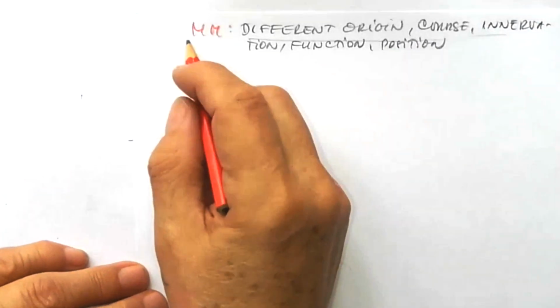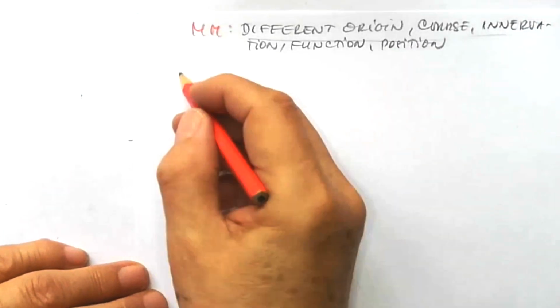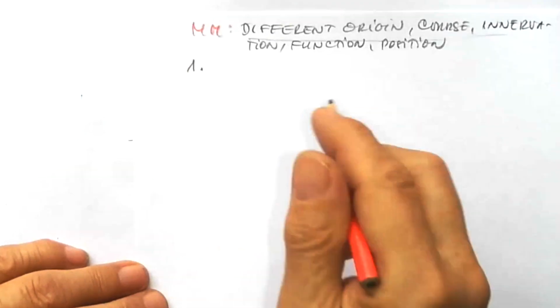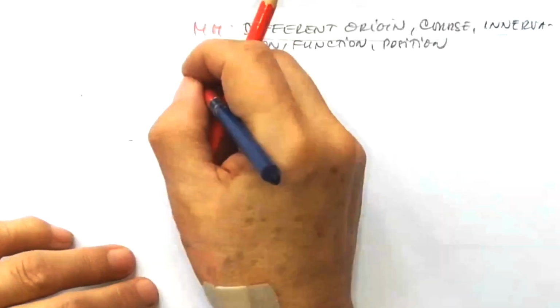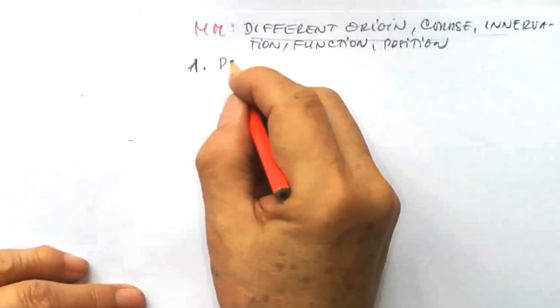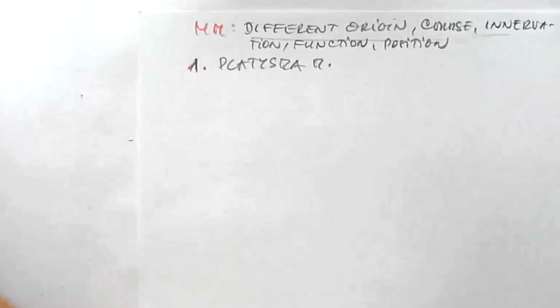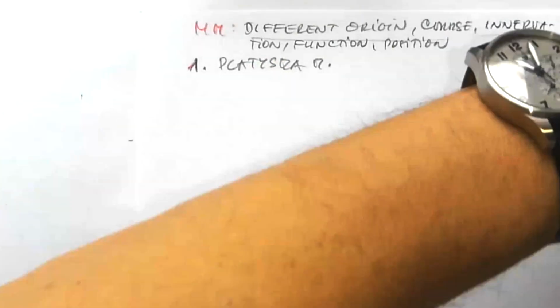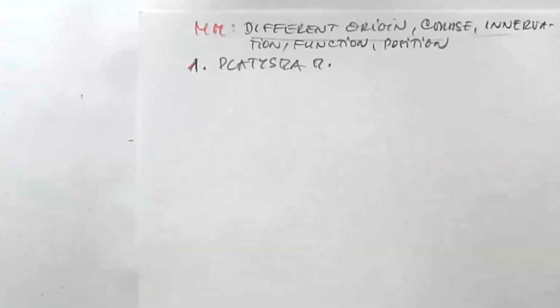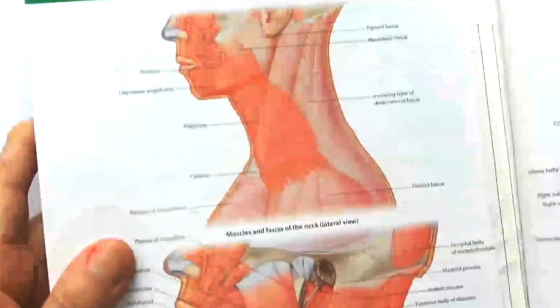So starting with the layers one by one. Number one is the platysma muscle. Maybe we can start first of all with drawing. Why not with one drawing or two drawings from Gray's Anatomy? Maybe this one will be sufficient.